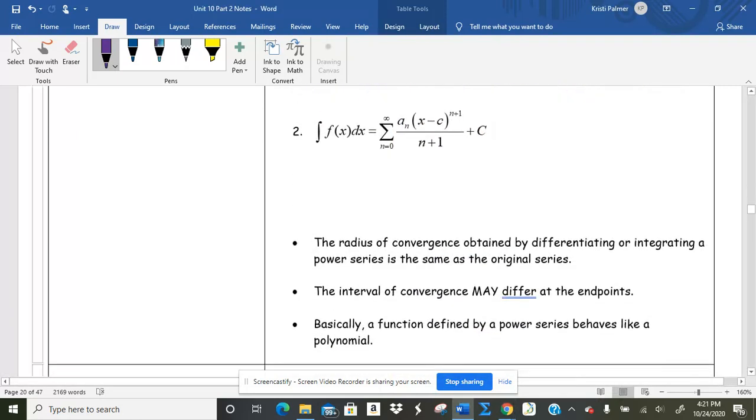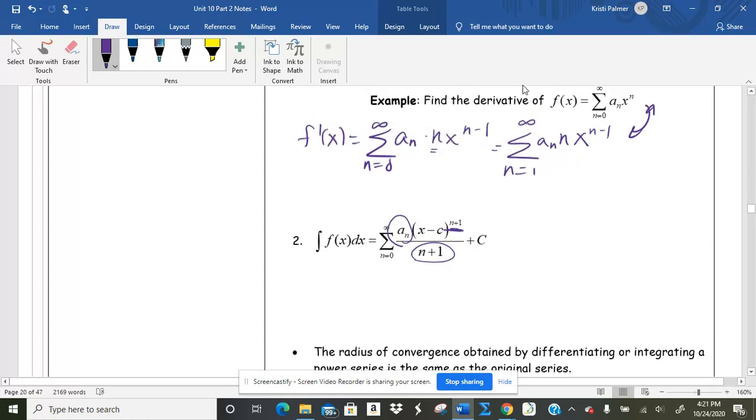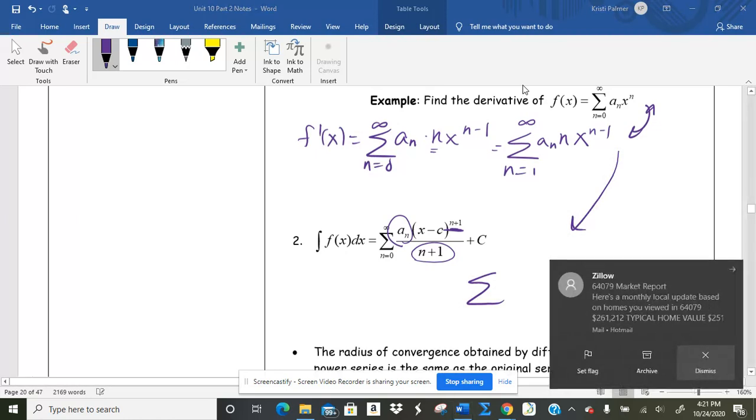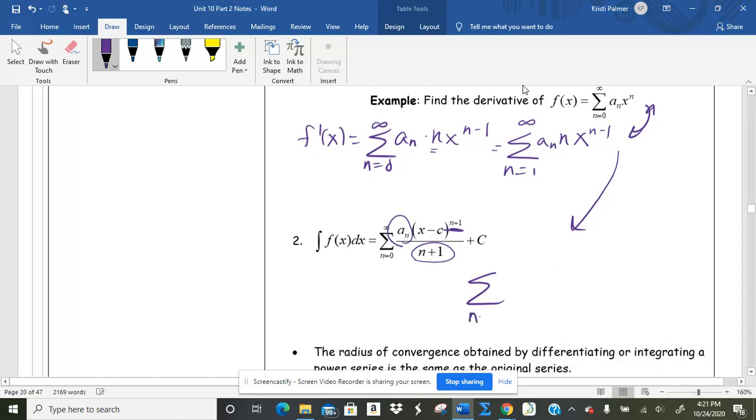Okay, so here. When I take the integral, again, the a sub n goes along for the ride. And so for this one right here, I add 1 and divide just like we would have, and then I have this plus c. So if I was looking at this f of x one up there, and I wanted to take the antiderivative, a sub n goes along for the ride, I would add 1 and then divide by what I had.